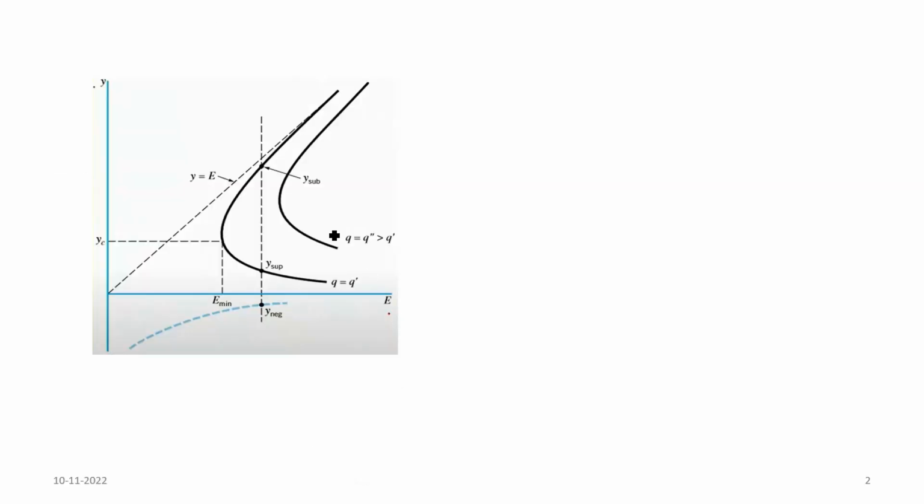We know if we write the energy equation, E = y + V²/2g. We can also write V as q/y, where q is the discharge per unit width of the channel and y is the depth of the channel.